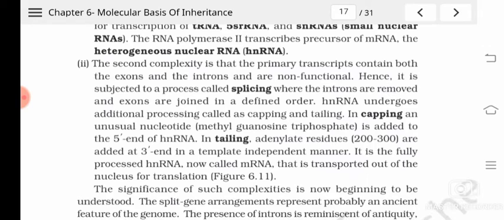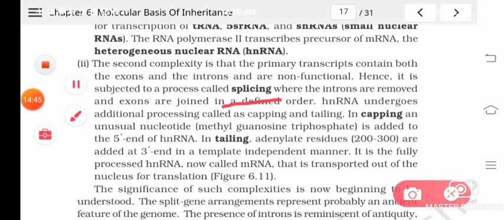Now next, the second complexity: the RNA formed in eukaryotes has to undergo a special process called splicing. So what is splicing? That is the removal of the introns.